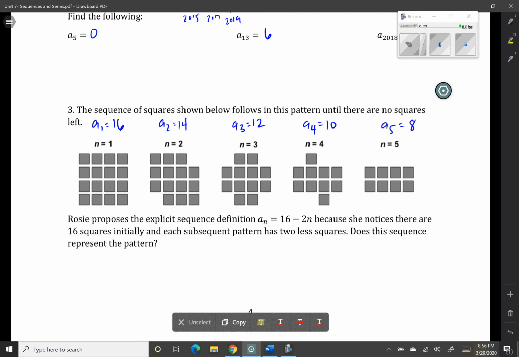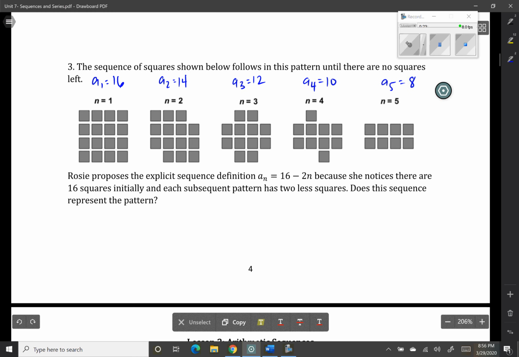It says Rosie proposes the explicit sequence definition. Explicit means that you can just plug in the value and you get the actual sequence number. Because she notices that there are 16 squares initially and each subsequent pattern has 2 less squares. Does this sequence make sense?